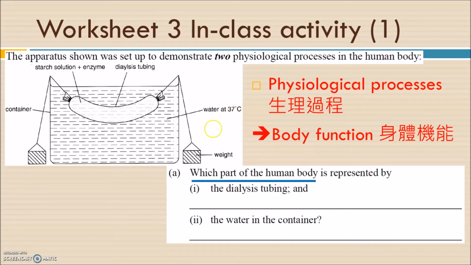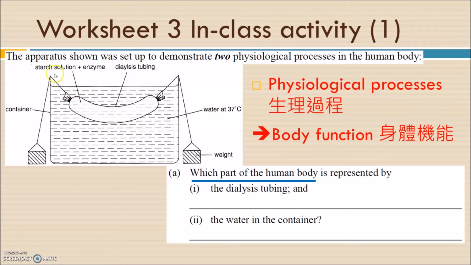For part A2: which part of the human body is represented by the Visking tubing and also the water? Recall the definition of absorption. We need to absorb the food from our alimentary canal to the body fluid. Which body fluid can we think about? Water, or blood, or lymph. The main component is water.